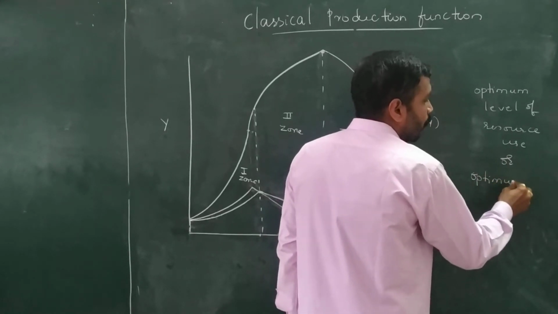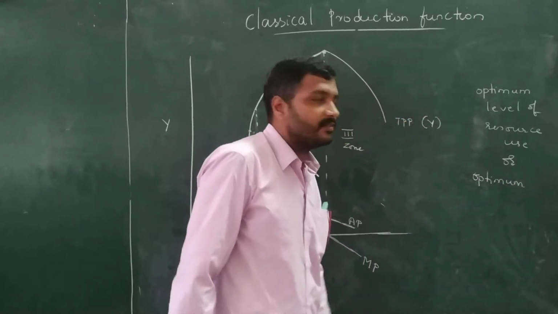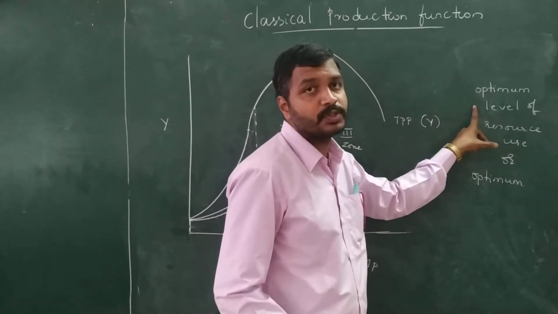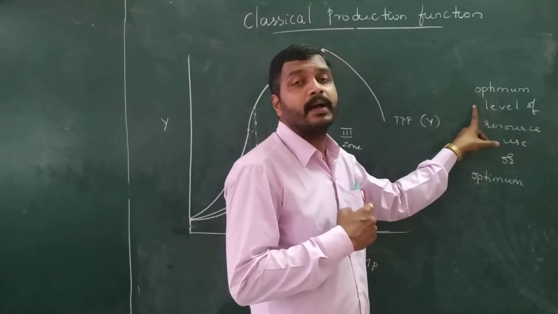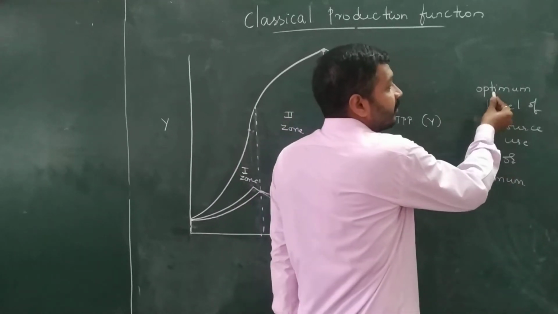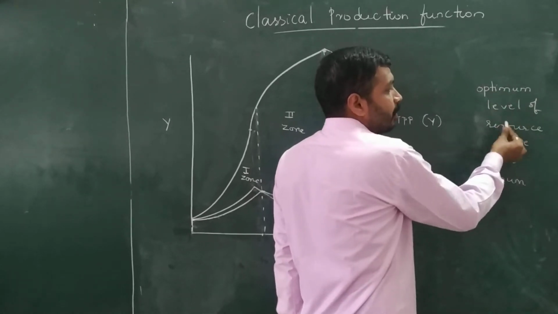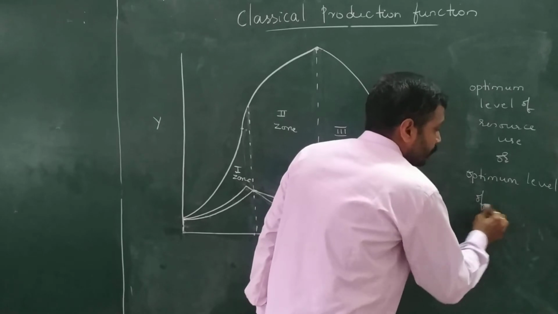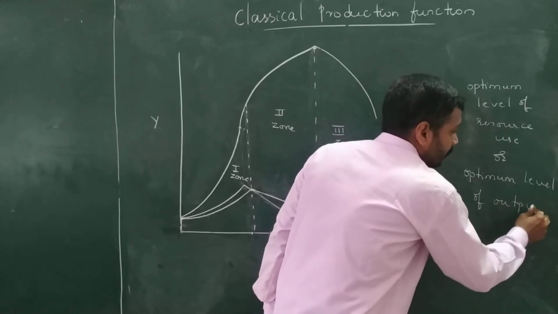That means what we are actually interested in is determining that level of resource use which will give the farmer maximum profit. Okay, that means we are interested in determining optimum level of resource use or optimum level of output production.